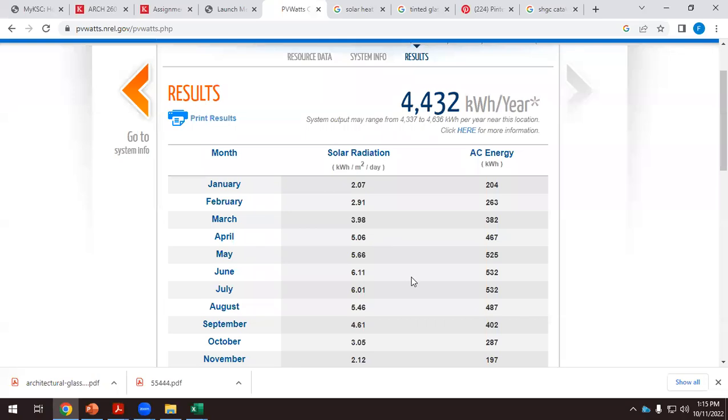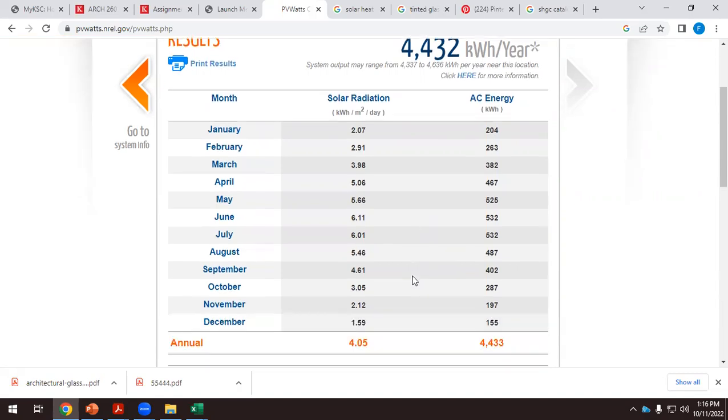Now we can see how the solar radiation in July is much more than in January or November or December. We have more sun in summer. Days are longer in summer, so we have more solar radiation. But on a vertical surface, in winter, we have more solar radiation than in summer, which is perfect for us.